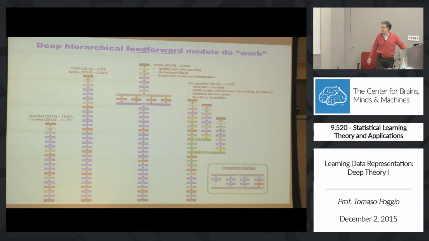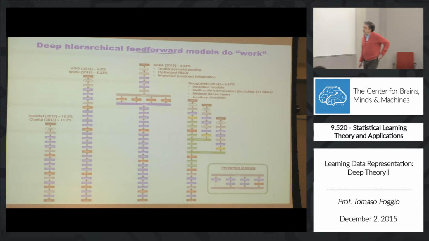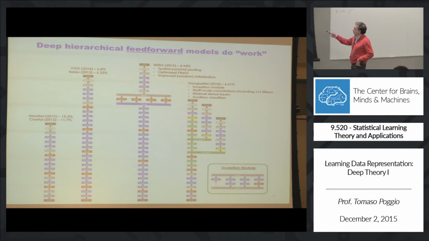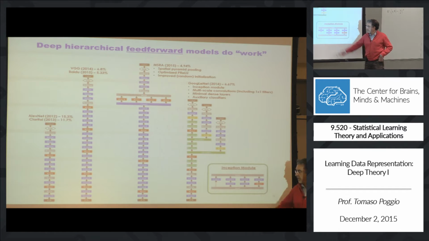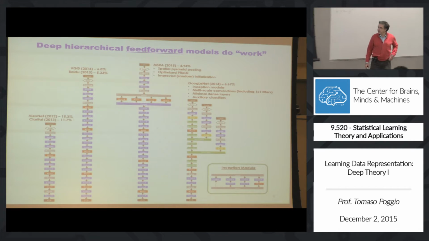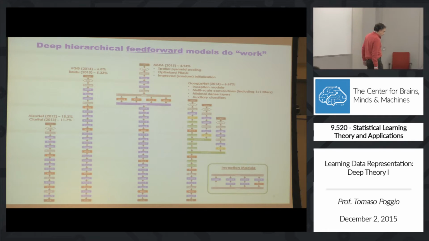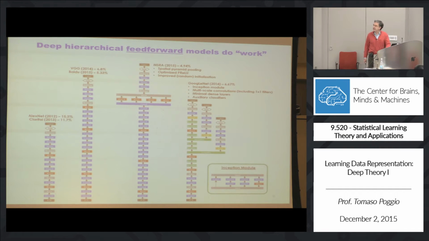So ImageNet is this database of millions of images, thousands of object classes, and networks of this type have performed much better than previous systems on those kind of computer vision tasks in the last 3 years or so, really starting a kind of revolution in machine learning and related fields like computer vision and speech recognition.